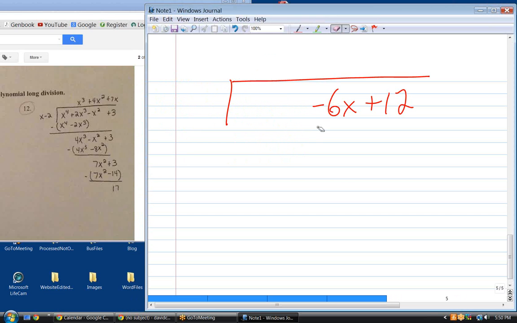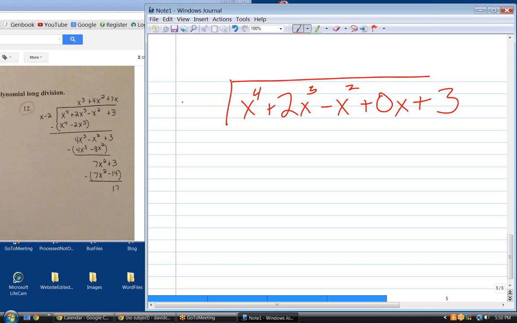This is the one where you have to use the dummy variable. So I have to write this plus 0x plus 3. All right. Now do it. Wow, good catch. I missed that.